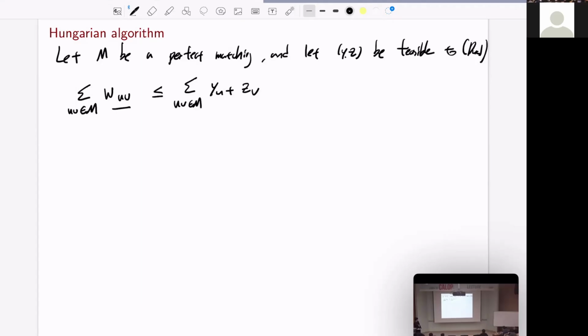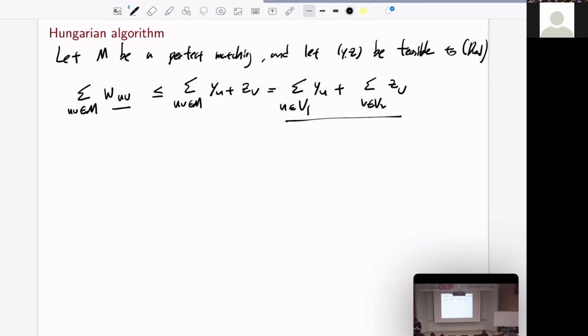I know that my matching is perfect, so every vertex is covered by an edge in this matching. So I'm going to separate out the y part and z part, and each vertex appears exactly once. So this is equal to the summation over u in V1 of y_u plus the summation over v in V2 of z_v.